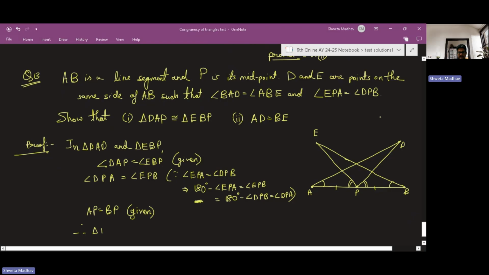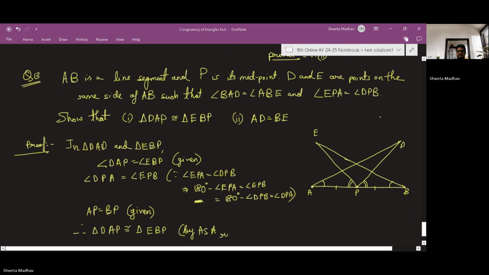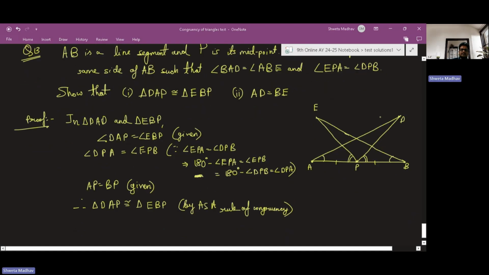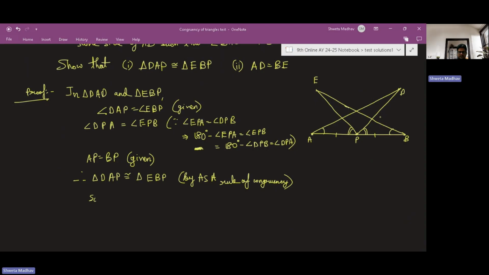So therefore I can say that triangle DAP is congruent to triangle EBP by the angle side angle, ASA rule of congruency. So now you can say that AD is equal to BE.